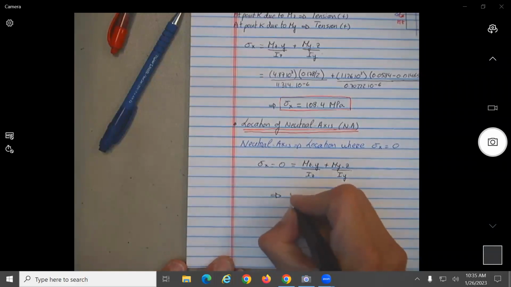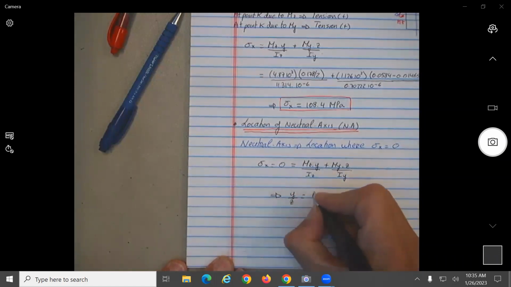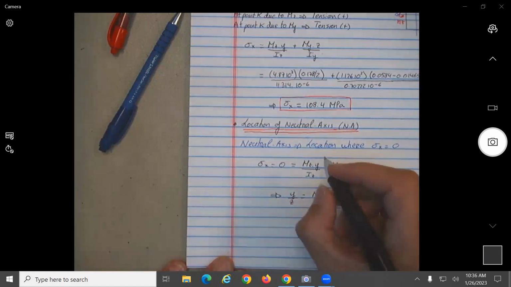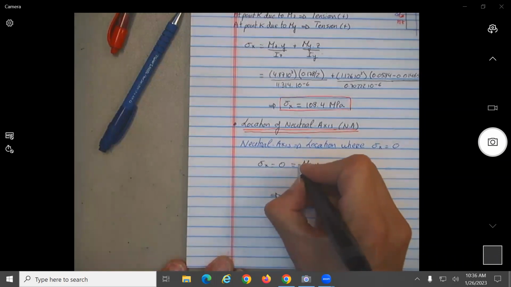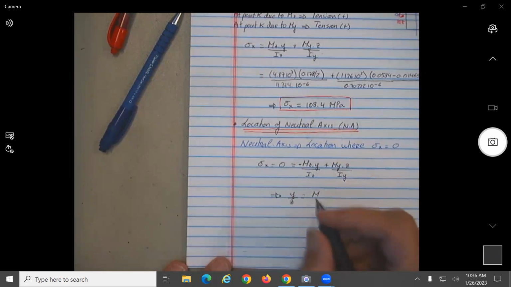If you do some basic algebra, you find y over z equal to, I mean, really there should be a negative sign. No, don't worry about the negative sign. The real equation has a negative sign over here, but basically you could just take the absolute values if you want.